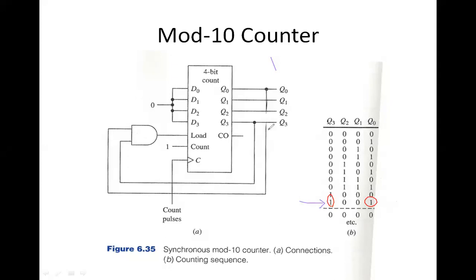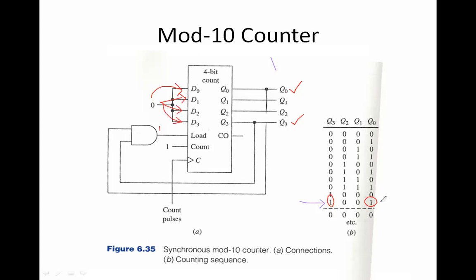So I will connect these Q0 and Q3 because I'm interested in their high values. Once Q0 and Q3 are high, I will get a 1 here, which means load is activated. Once load is activated, 0 gets into D0, D1, D2, and D3. Is that clear?